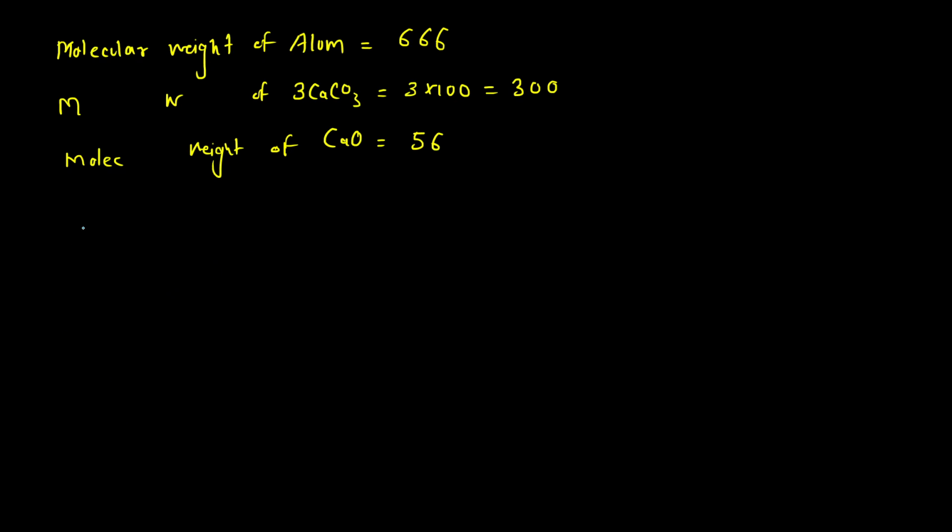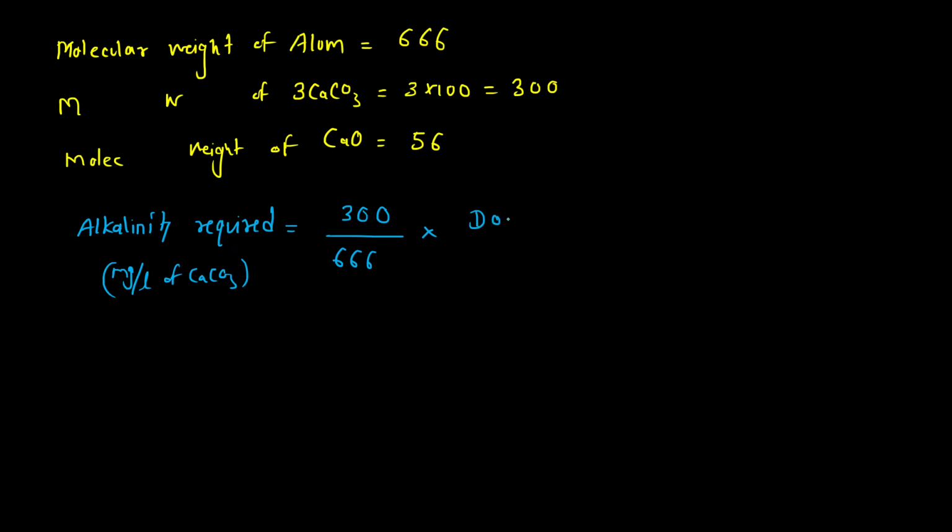Now write down these formulas. Alkalinity required, expressed in mg per liter of CaCO3, is equal to 300 divided by 666 into dose of alum.